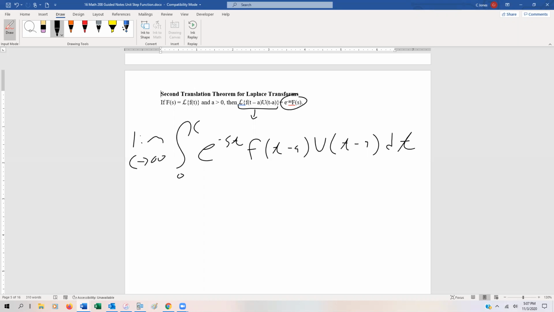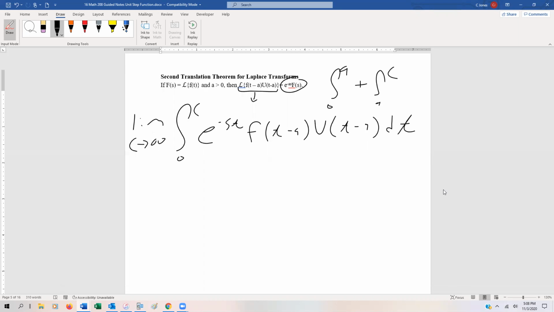And a trick that we can do is we can break this up. So we could say this is the integral from 0 to a plus the integral from a to c. You might remember that from calculus 2 or even calculus 1, where if you have a continuous function, you can break it up at any point a.